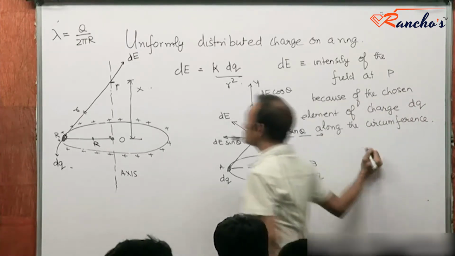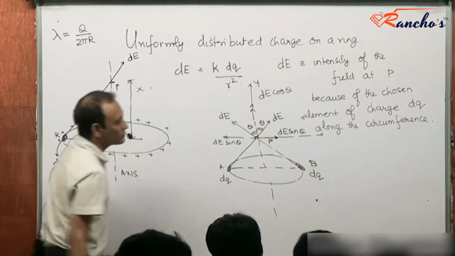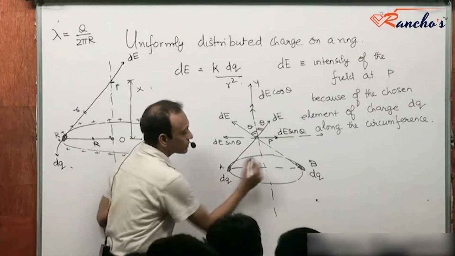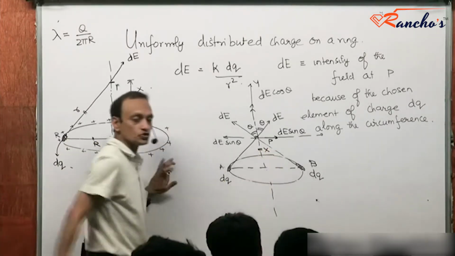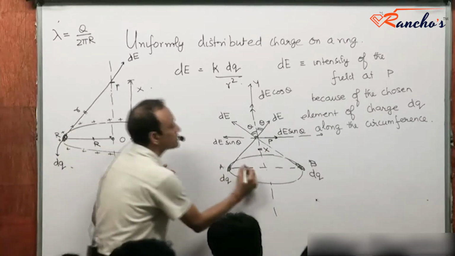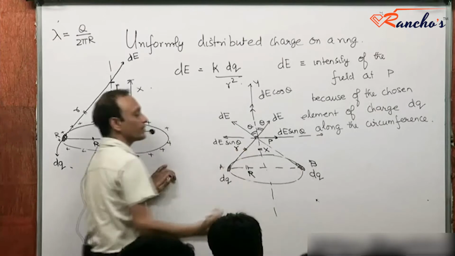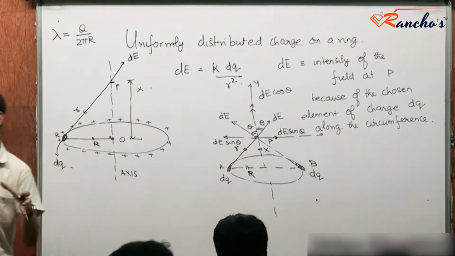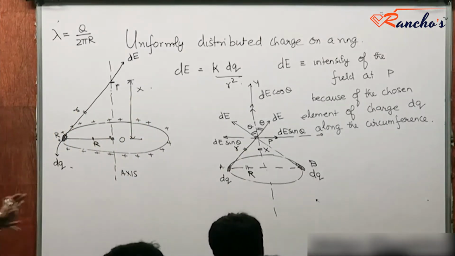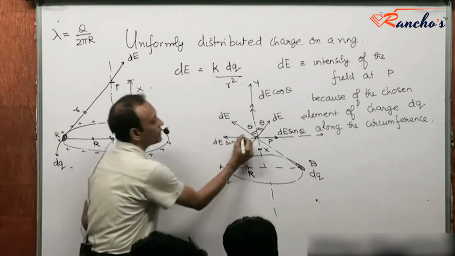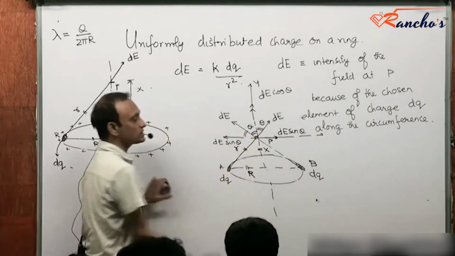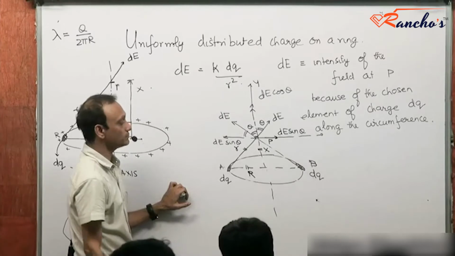No. So what about this theta? Look, this length is x, chosen along the axis. This length is capital R and this is small r, right? Small r is the slant height of the cone. This is theta. This is 90 minus theta.